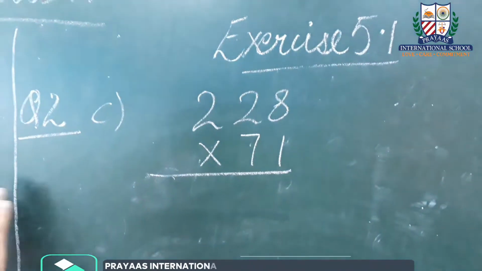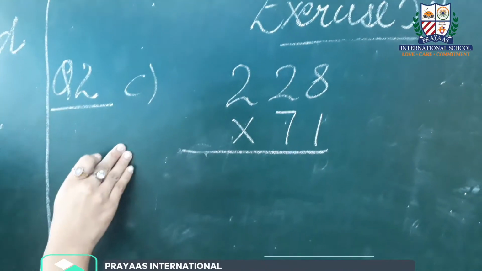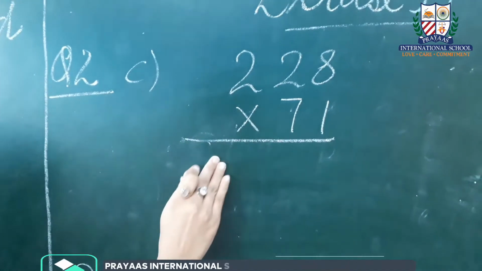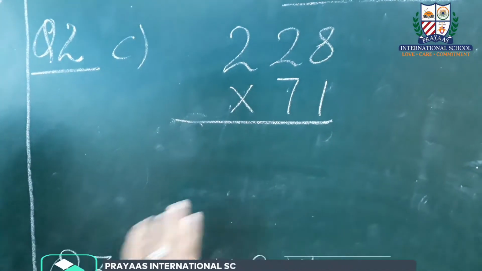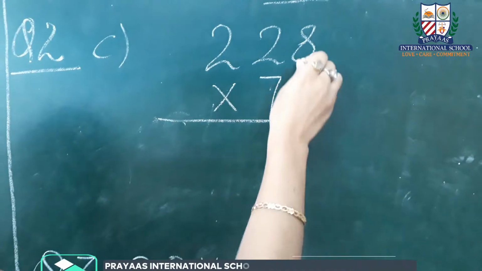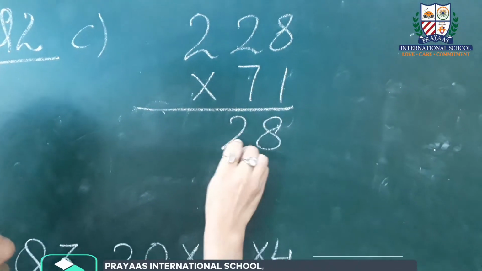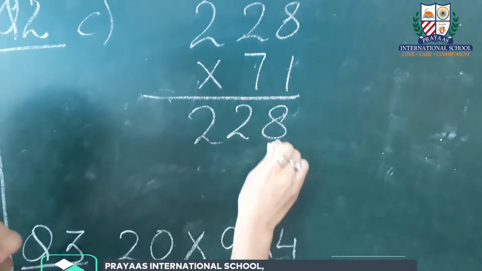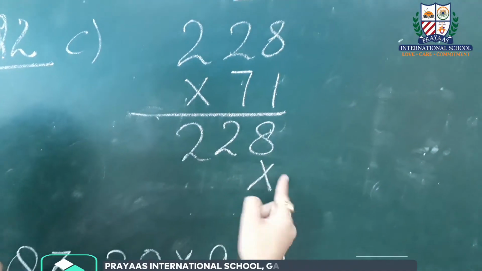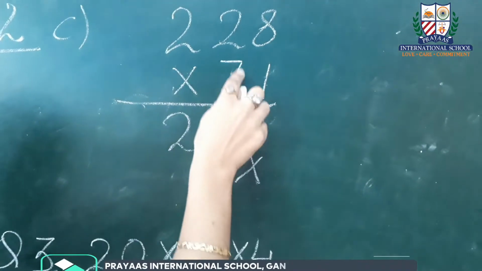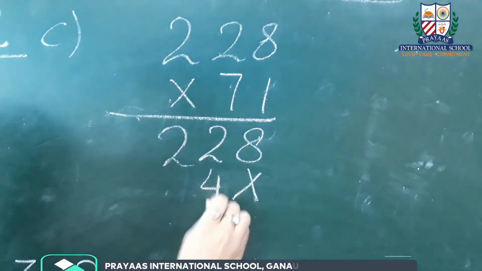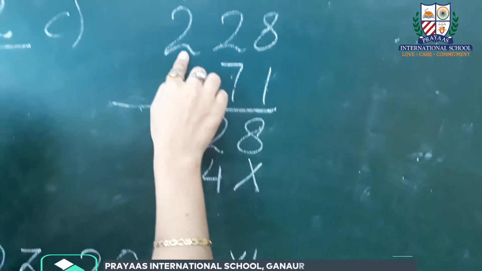Now we will start our exercise 5.1. Question number 2 and 1 are almost the same. I am starting question number 2. They have given the numbers, we have to arrange them and then multiply. So 1 8 is 8, 1 into 2 is 2, 1 into 2 is 2. Here you can either put a cross or write 0. 7 2s are 14, 1 carry, 7 2s are 14.